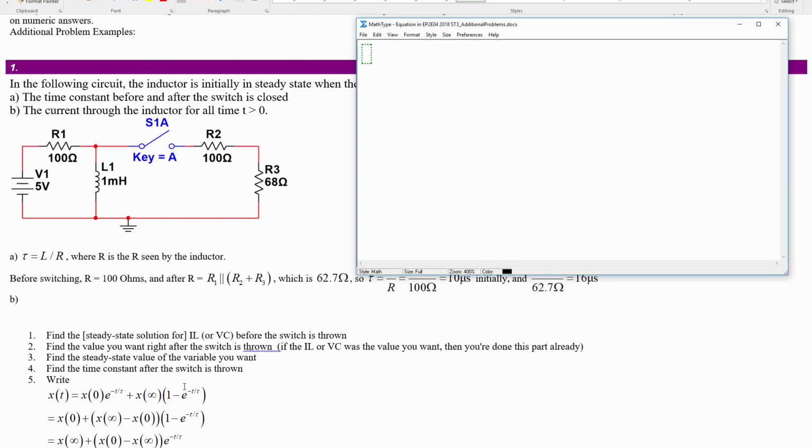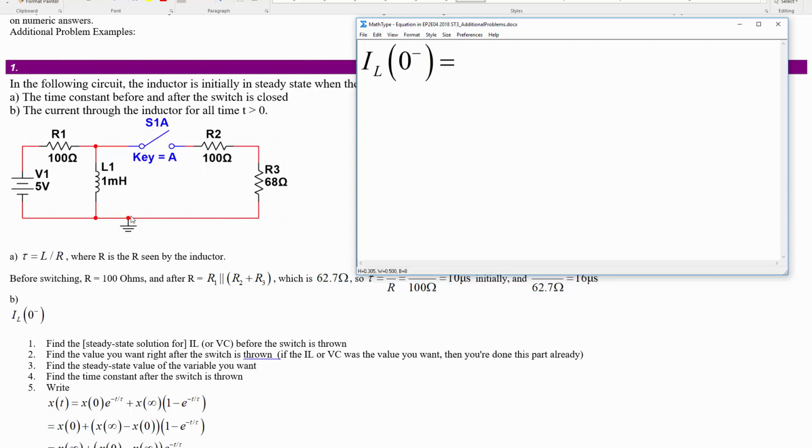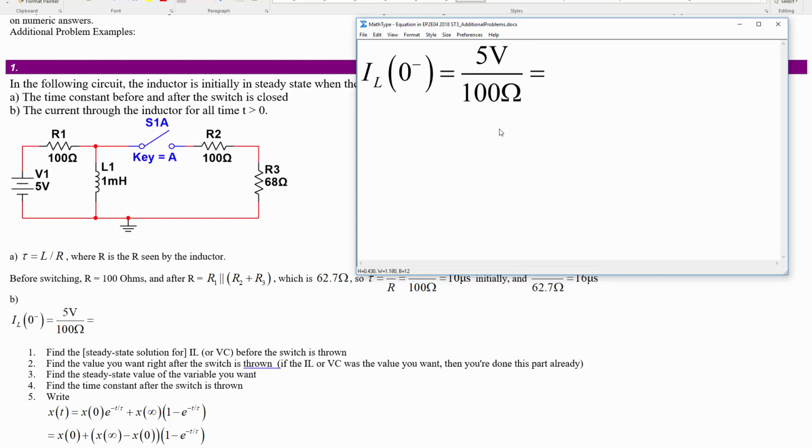So the steady state value before is going to be IL at 0 from the negative side, which is before the switch is thrown. We've just got 5 volts over this 100 ohm because the inductor acts like a short in steady state. So that'll be 5 volts over 100 ohm, which is 0.05 amps.